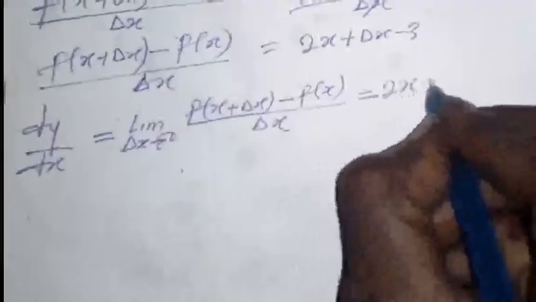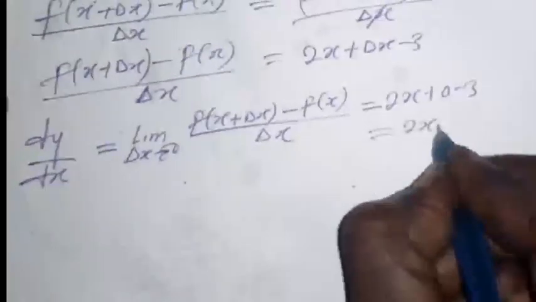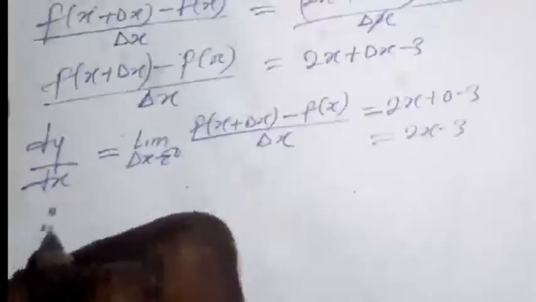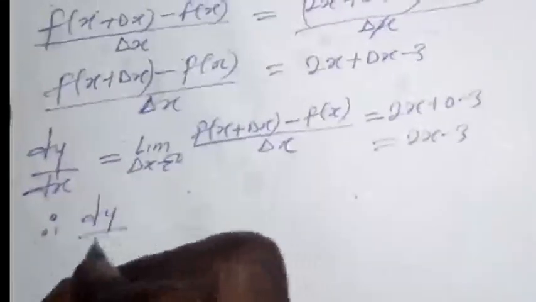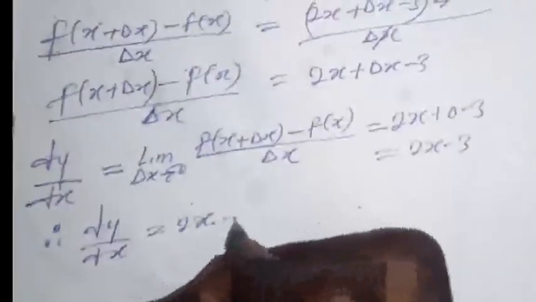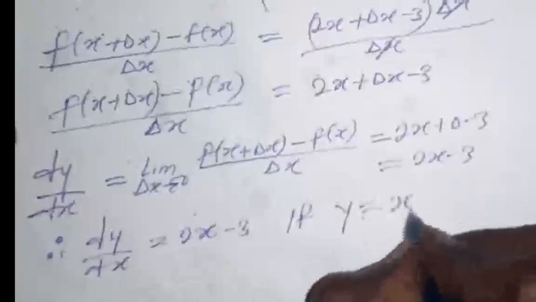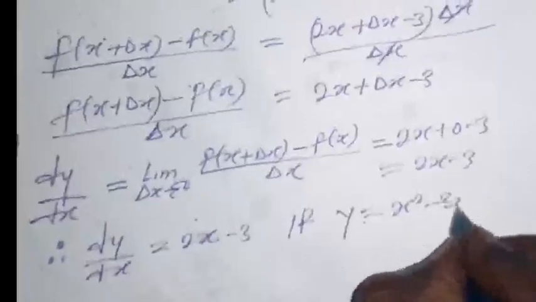We have 2x plus 0 minus 3. This is equal to 2x minus 3. Therefore, dy dx is equal to 2x minus 3 if y equals x squared minus 3x.